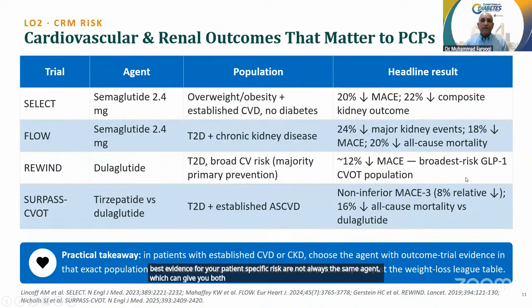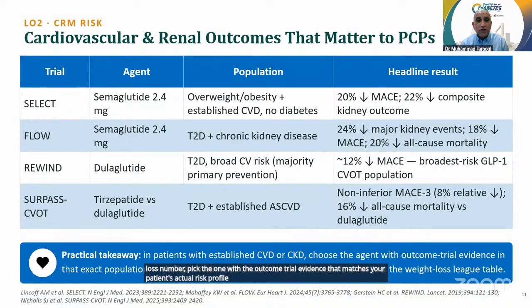So this, in my view, is the single most clinically important slide for our primary care physician colleagues managing cardiometabolic risk. Four major trials, four different populations, four different headline results. The practical message here is don't just pick the agent with the best weight loss number. Pick the one with the outcome trial evidence that matches your patient's actual risk profile.